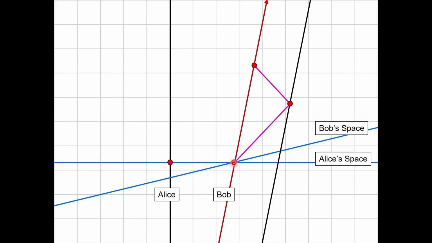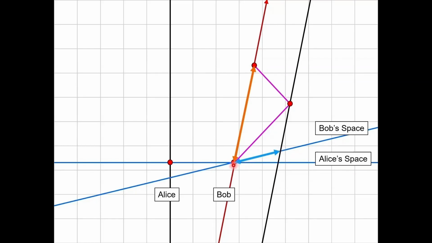Here we have a situation where Bob sends information, it is reflected back to him, and he receives it back at this point on his world line. Now let's calculate the speed of information according to Bob. So the information traveled in Bob's space to the reflecting thing and traveled back.